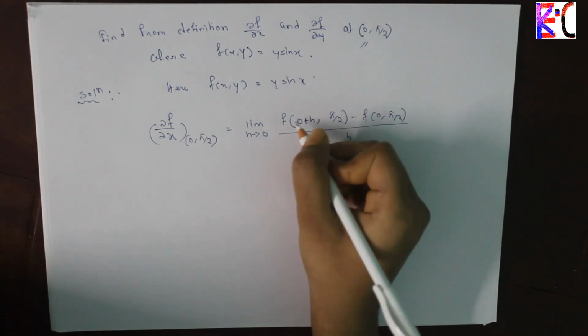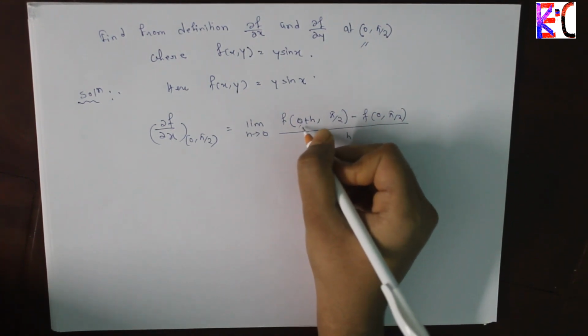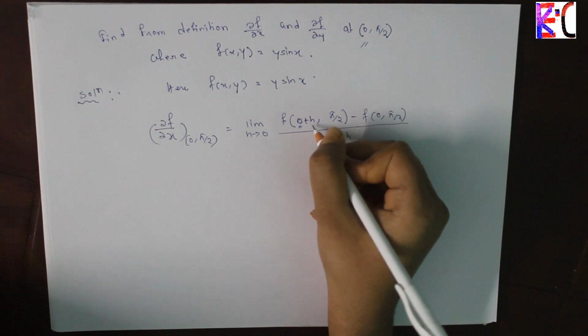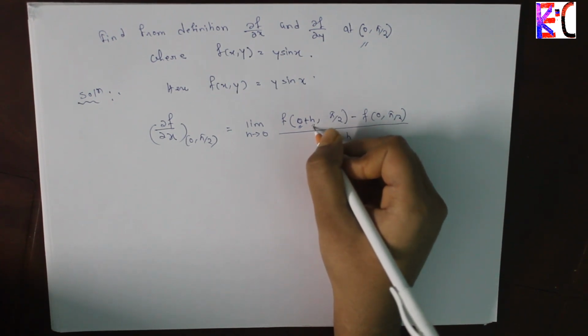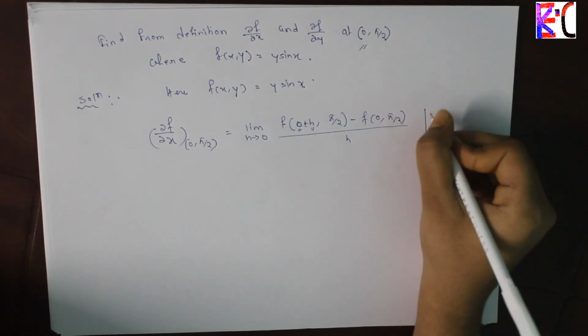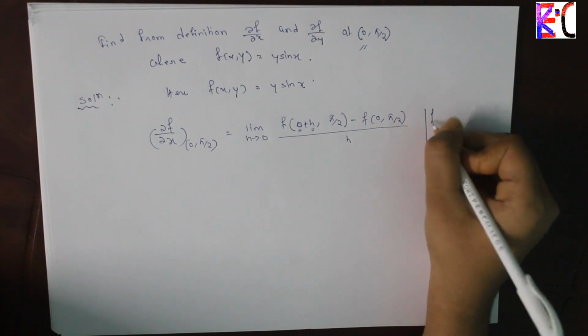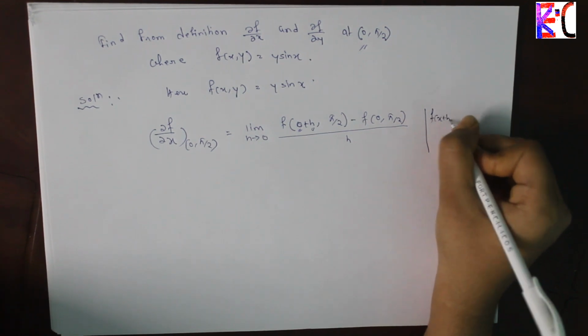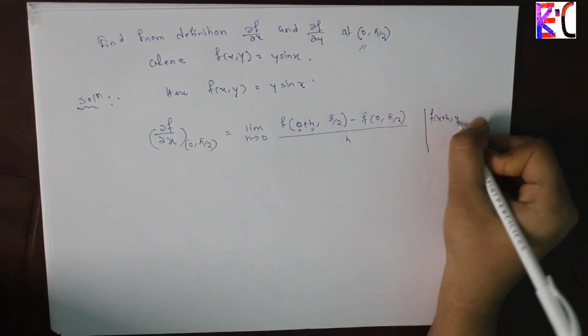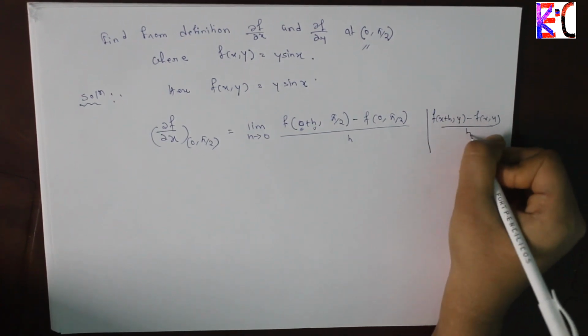Firstly, the question is why here 0 and why here h? As per the formula, we know that the formula was f of x plus h comma y minus f of x, y, by h.